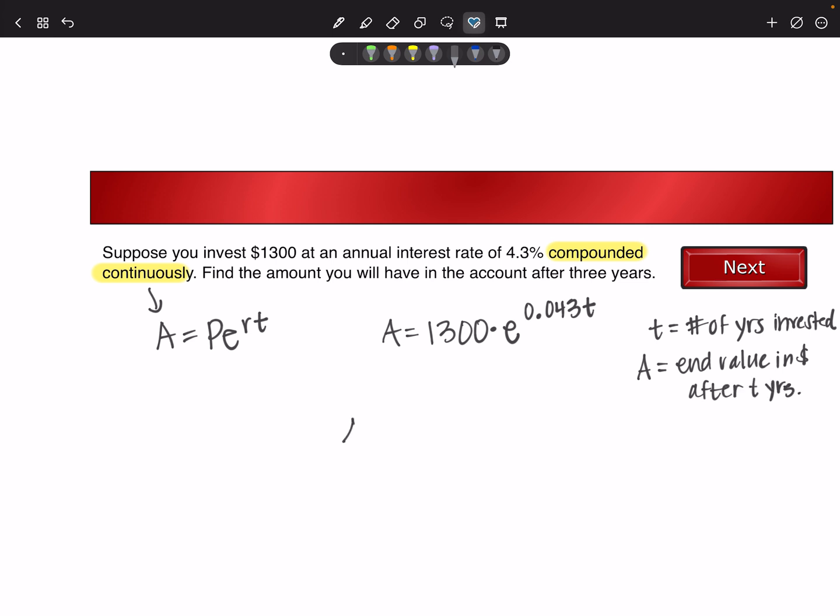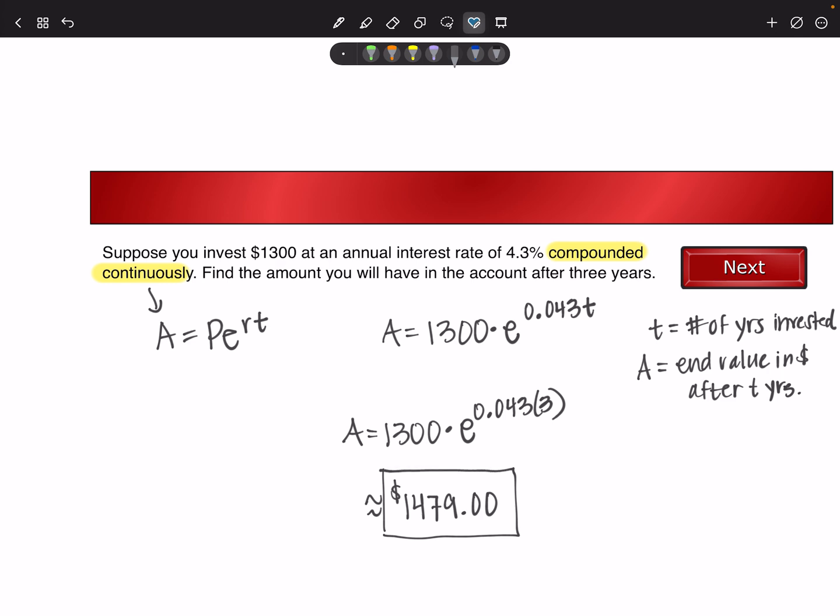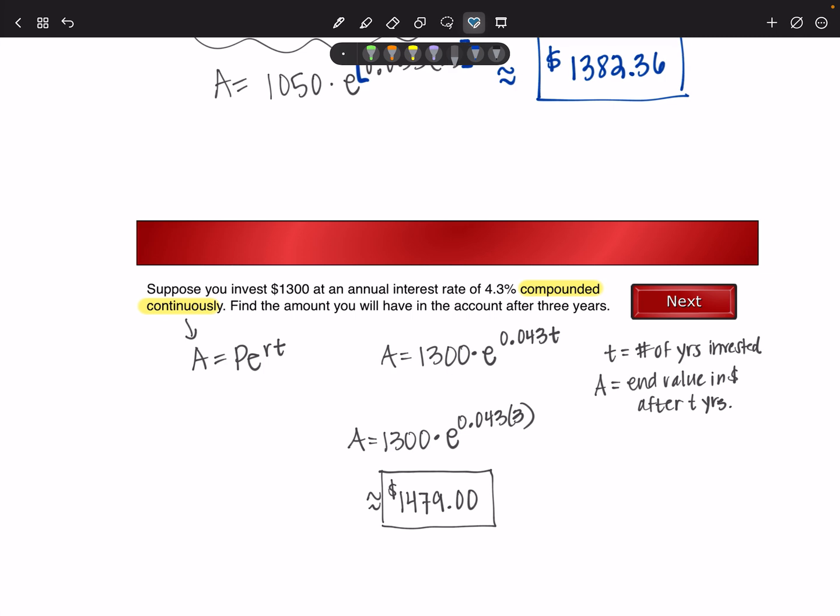We put a 3 in for T. A equals 1,300 times e raised to the 0.043 times 3 power. And our end value is approximately $1,479.00. The 7 rounded to 00 cents, so we're going to include that 0.00 because it's important to say that we're accurate to 2 decimal places.